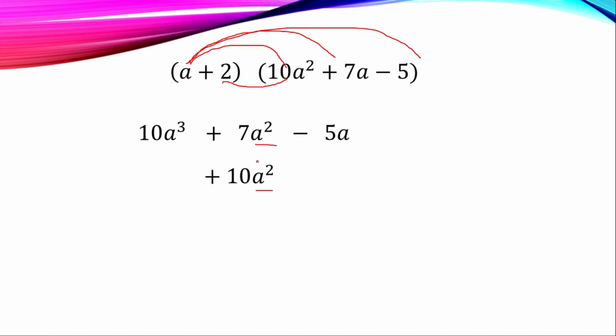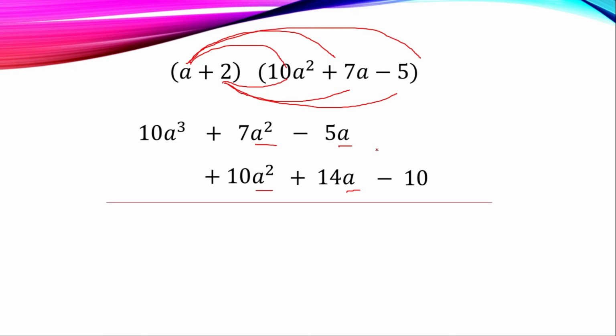I aligned this to 7a squared because they have the same literal coefficients. Align those polynomials with the same literal coefficients. Let's proceed to the second. We have 2 times 7a, that's 14a. Again, I aligned it to negative 5a because they have the same literal coefficient. Then the last one, we have negative 10.